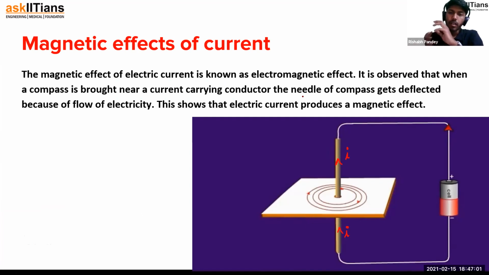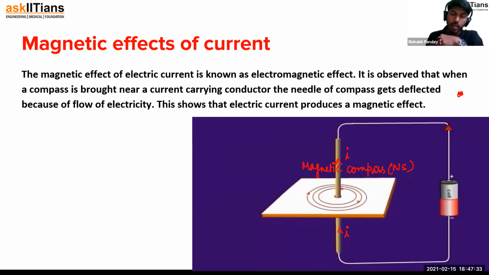If I bring a magnetic compass here, it will start showing deflection. A magnetic compass shows deflection only in the presence of a magnetic field, otherwise it comes to rest in the north-south direction. So if the compass is deflected here, that means a magnetic field is present at this point.